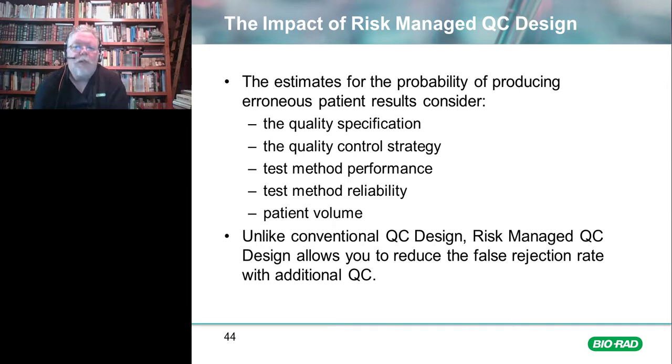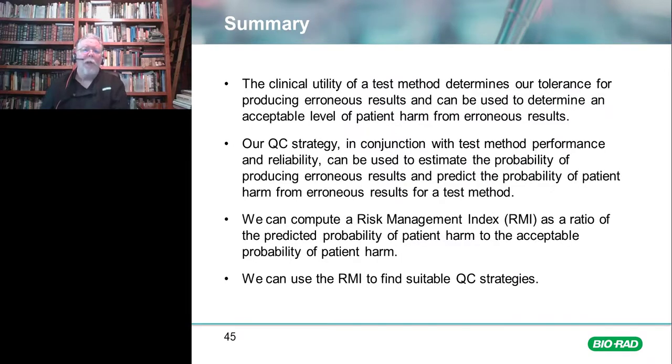So the more QC I do, that becomes a management decision. If I want to decrease my number of false rejections, I increase the amount of QC. Okay, so in summary, we use the way that a test is actually acted on clinically to determine our tolerance for producing erroneous results.